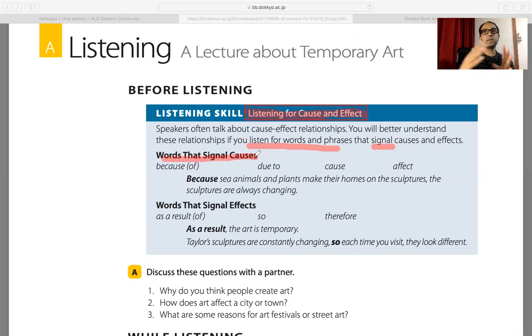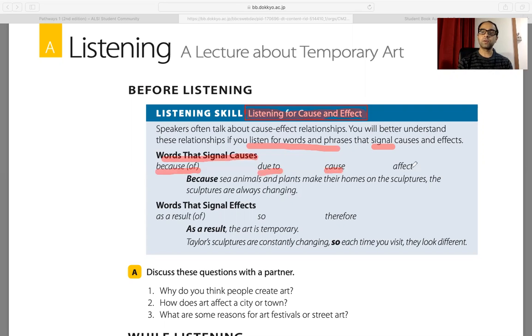What comes next is the cause. For example, because of. If the speaker says because of, now you have to pay attention, because what comes after is the cause. Or due to. After due to, now the reason, the cause, is coming, okay?